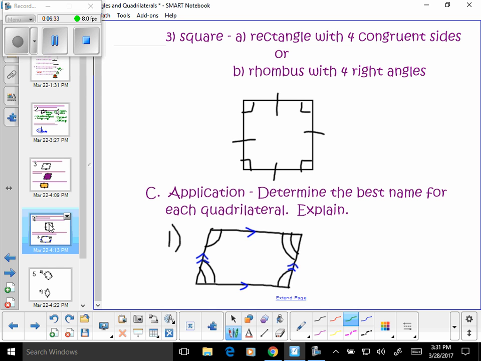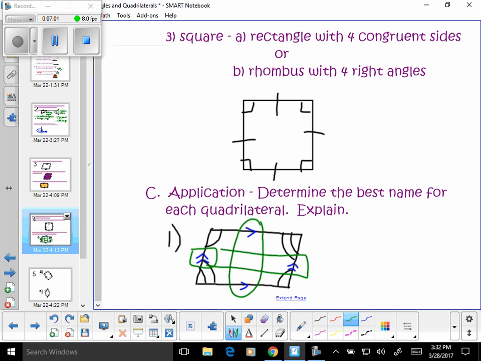So how are we going to use this information on a worksheet or an assignment? The application is that just as with triangles, you have to determine the best name and explain. We're going to do the same thing here. Determine the best name for each quadrilateral and explain. Now, if I look at this first quadrilateral, I note that I've got a pair of parallel sides here and another pair of parallel sides here.